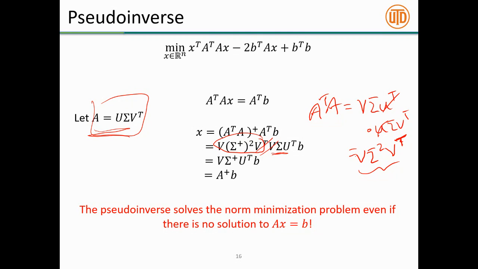Yeah, there's a question. How did we get sigma plus? So how did I construct the pseudo inverse of this matrix? Yeah, so it's the pseudo inverse of V sigma squared V transpose. Right, so the pseudo inverse of this thing is V sigma plus squared V transpose.